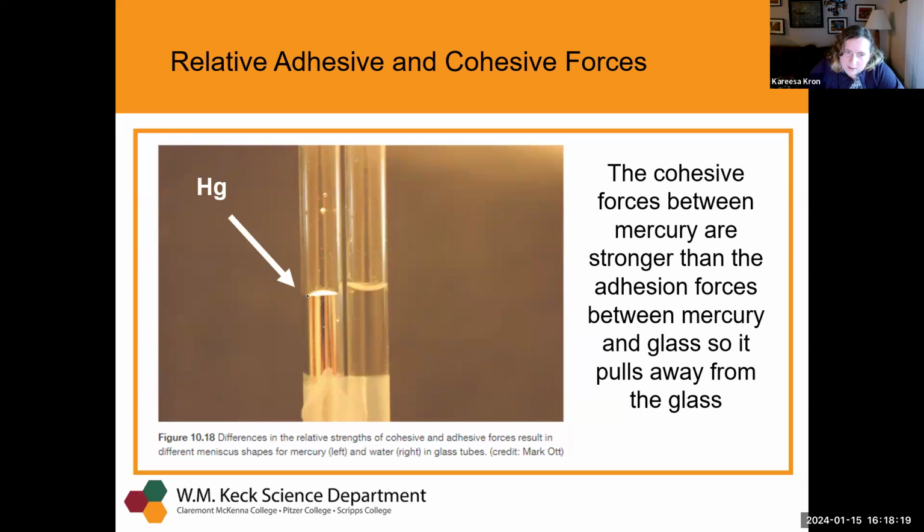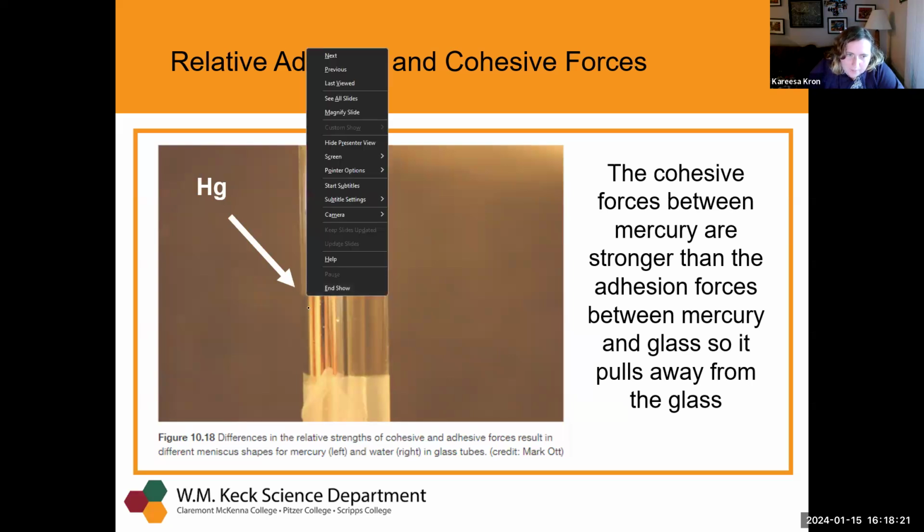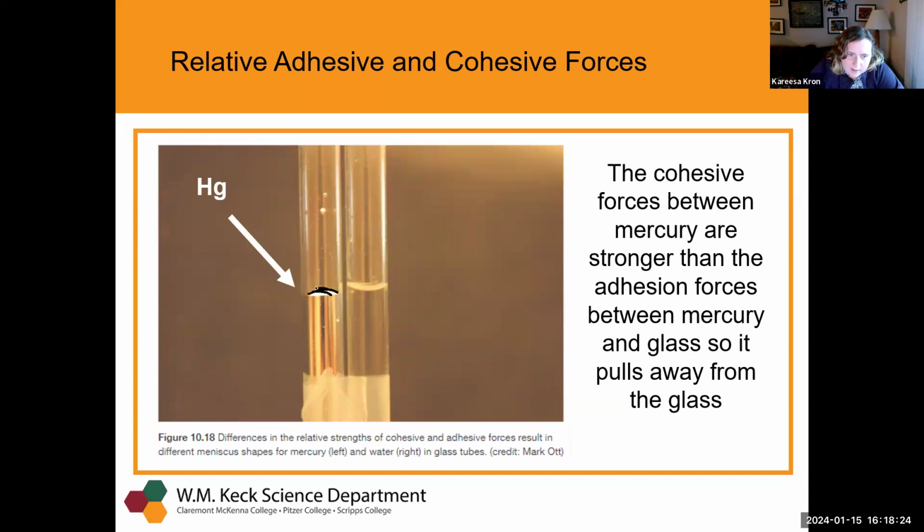So the mercury tries to pull up and pull away from the glass. So you can see it raising up above the glass because it's pulling itself and trying to touch the glass as little as possible, because it would rather touch mercury than glass.